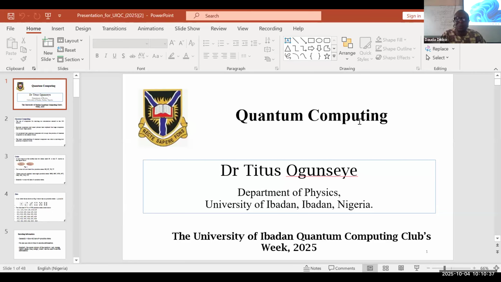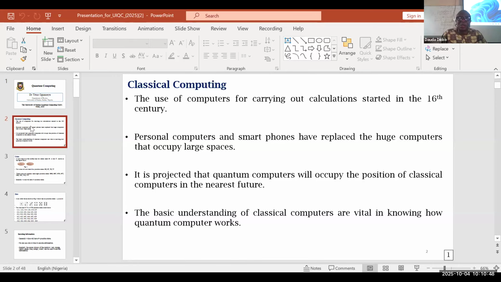The title of today's presentation is on quantum computation. But before we actually discuss quantum computation, we need to avail ourselves of the rudiments of classical computing, because quantum computing is based on classical computing.